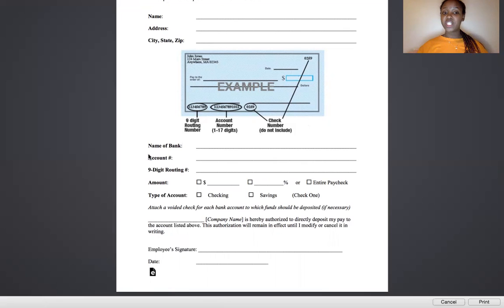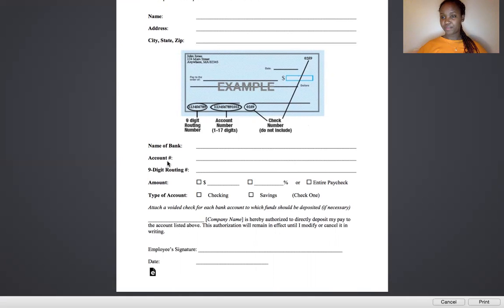So you will need to know the name of your bank. So my bank's name is Republic Bank. Other common banks are PNC. So I have heard a lot of people use PNC or Fifth Third Bank. So that is the name of a bank.